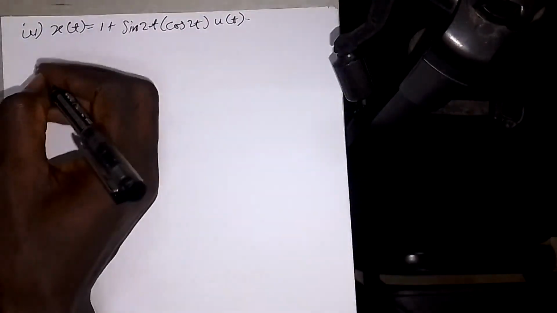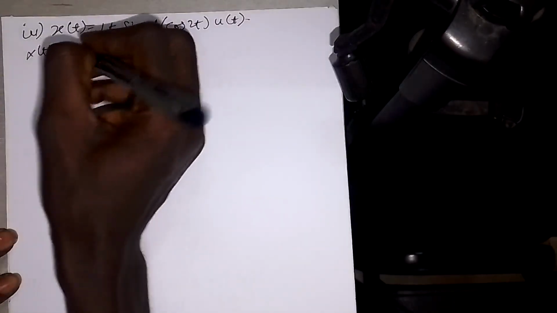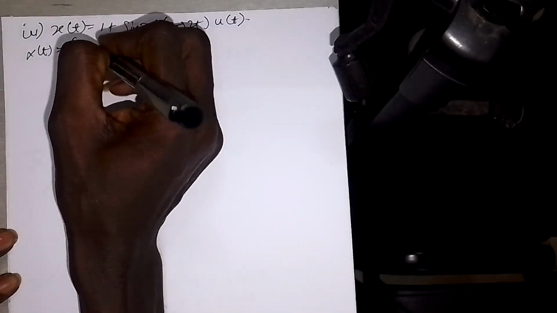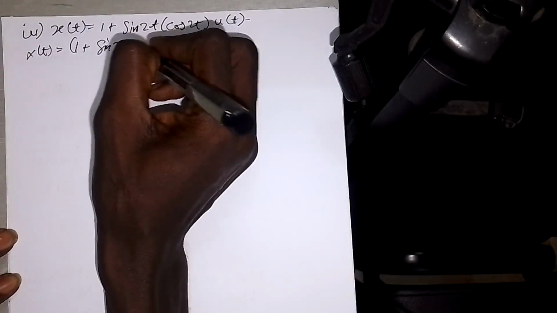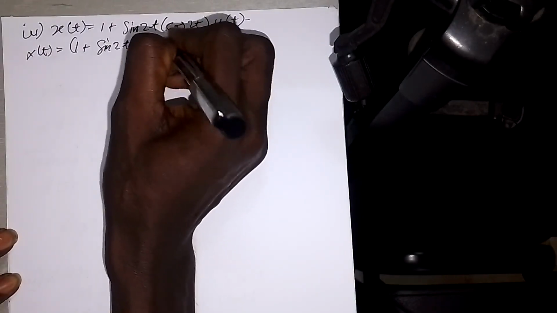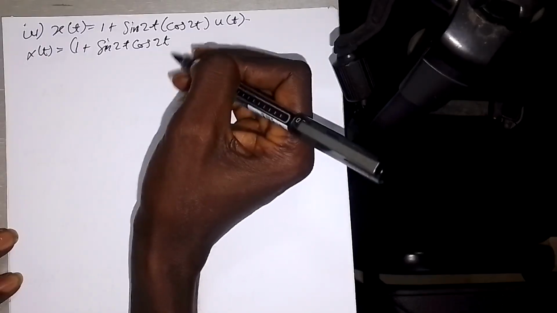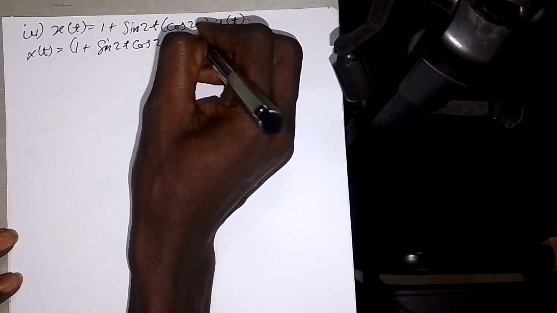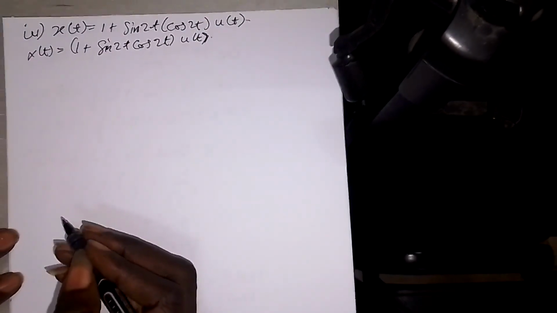So now here, what I can say is that x of t is equal to 1 plus sine 2t into cos 2t, all multiplied by u of t. So this is what I can have.